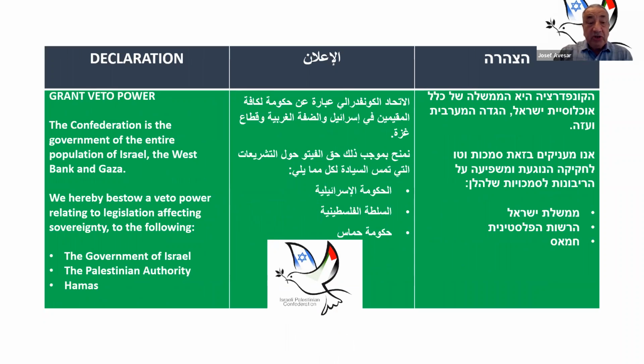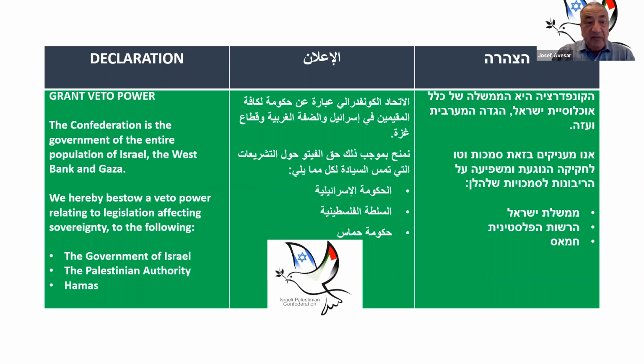Okay, so the first issue of business is to give a veto power. This is a legislation, and the legislation to give a veto power is not subject to a veto power by the Israeli and the Palestinian government because it's internal to us.